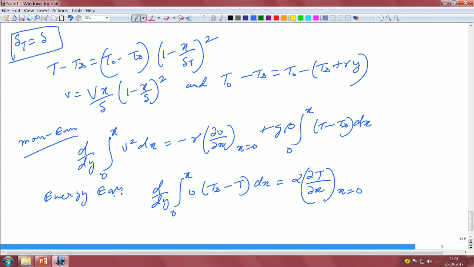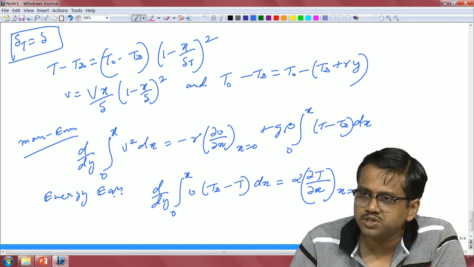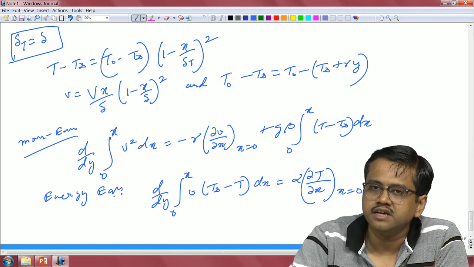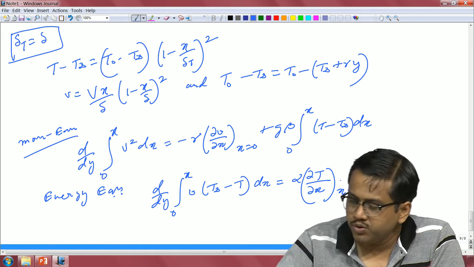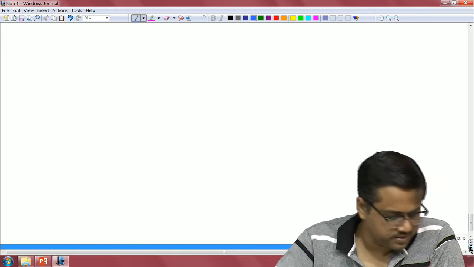Okay. Now, what do we do? The basic part after this is to substitute. T is there, V is there, substitute it in the energy equation and in the momentum equation. Both need to be substituted in both cases, right.